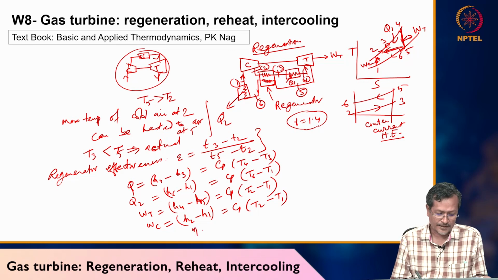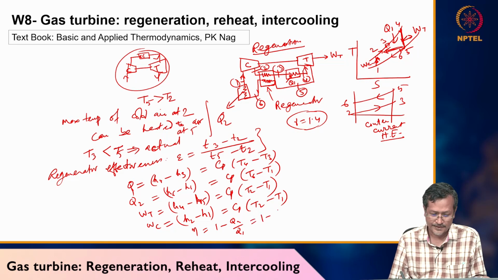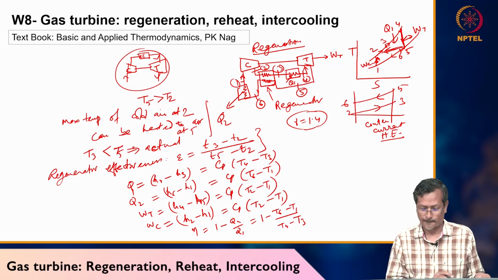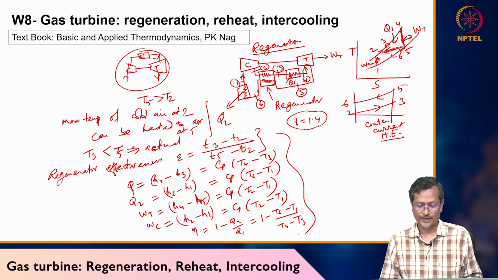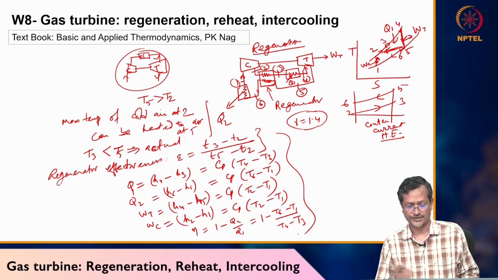Efficiency eta equals 1 minus Q2 by Q1, which equals 1 minus (T6 minus T1) divided by (T4 minus T3). From there you can calculate your efficiency, power output, heat input and heat rejection.